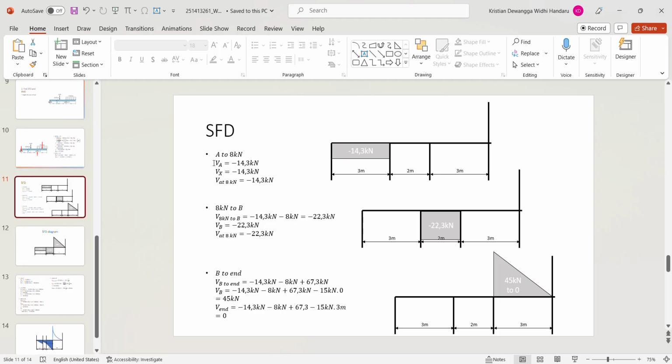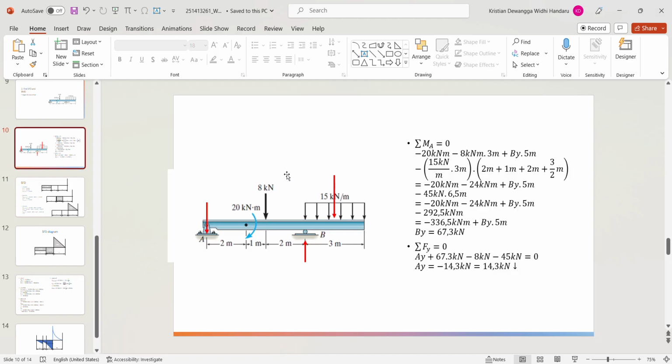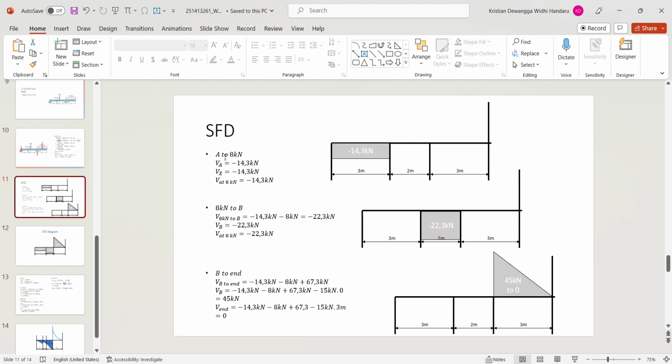Looking for the SFD from A to 8 kilonewton. I mean 8 kilonewton is here because there is no variable in here, so I just choose from A to 8 kilonewton. We got VA is minus 14.3 kilonewton, and for the Vx it is minus 14.3 kilonewton, so V at 8 kilonewton is minus 14.3 kilonewton also.